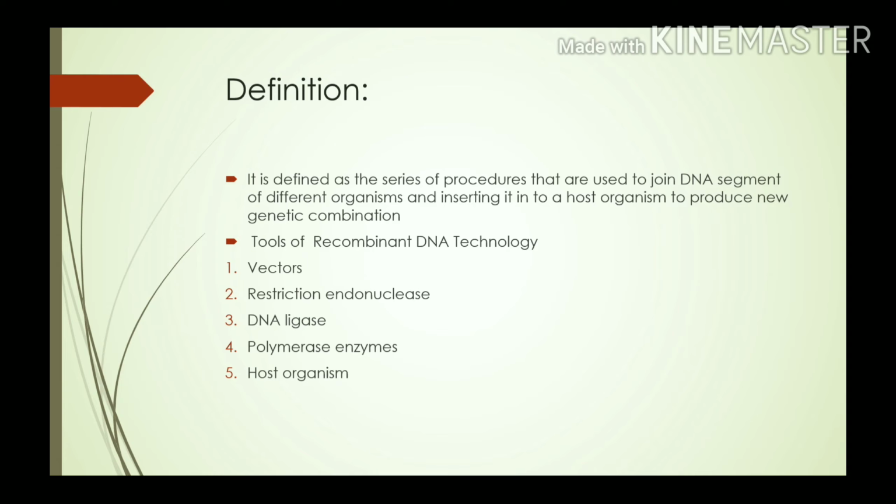Cloning vectors are used for the multiplication of the foreign DNA, and restriction endonucleases are used to cut the DNA strands at the recognition sequences, nothing but palindrome sequences, and DNA ligase is used to join the two strands of DNA, both plasmid DNA and foreign DNA, by forming a phosphodiester bond.